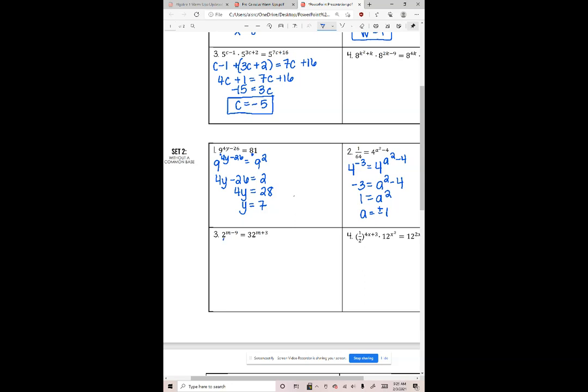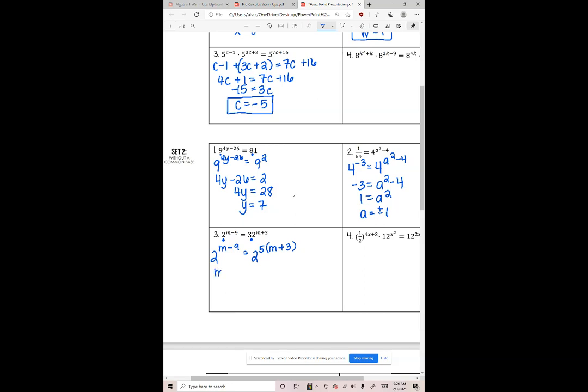So same with here. I have a base of 2, and I have a base of 32. 2 can't go anywhere, so it's got to stay. So it's going to stay as 2 to the m minus 9. Now 32. What power can I raise 2 to get to 32? So 2, 4, 8, 16, 32. That's to the 5th. So this becomes 2 to the 5th, and that's all raised to the m plus 3.